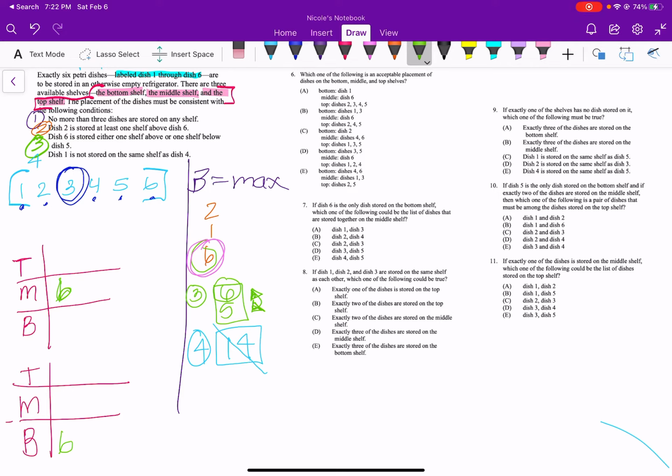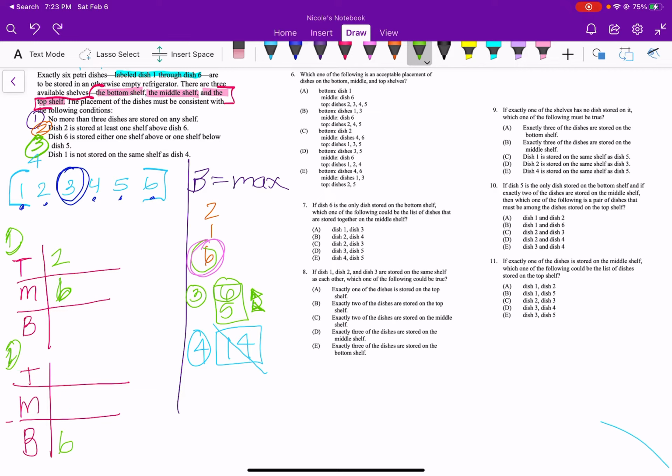Whenever 6 is in the middle, what else do we know? So in this world number 1, we know that 2 has to go above it. But what's tricky about world number 2 is, do we know where 2 has to go? No, because 2 could go in the top or it could go in the middle.